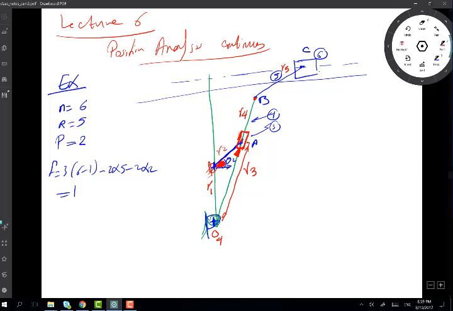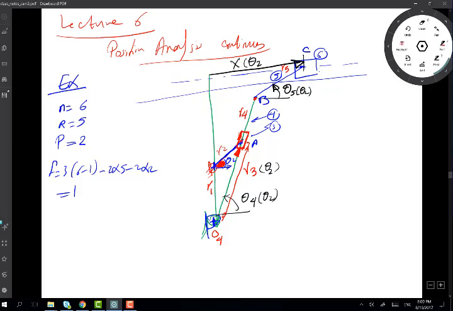What I need to find is theta 4, the angle of link number 4, which is a function of theta 2. I need to find R3, a function of theta 2. This link also changes its angle, so I'll call it theta 5, a function of theta 2. And I need to find the location x of this slider, also a function of theta 2.